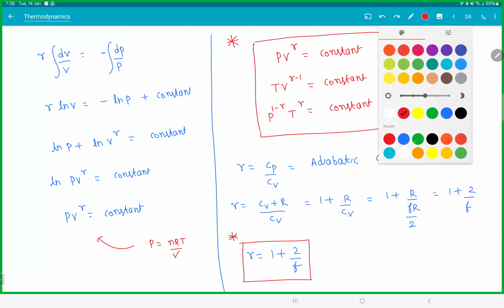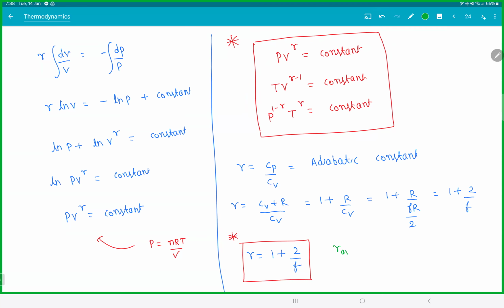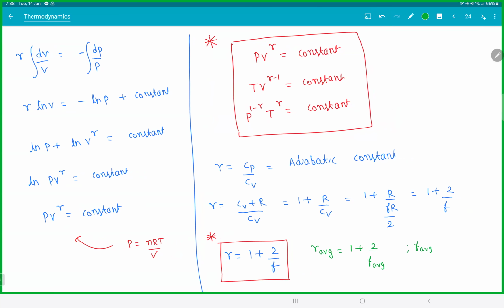How to find gamma average? Gamma average will be 1 plus 2 by F average. How to find F average? If two gases are mixed, F average is N1 F1 plus N2 F2 by N1 plus N2. There.